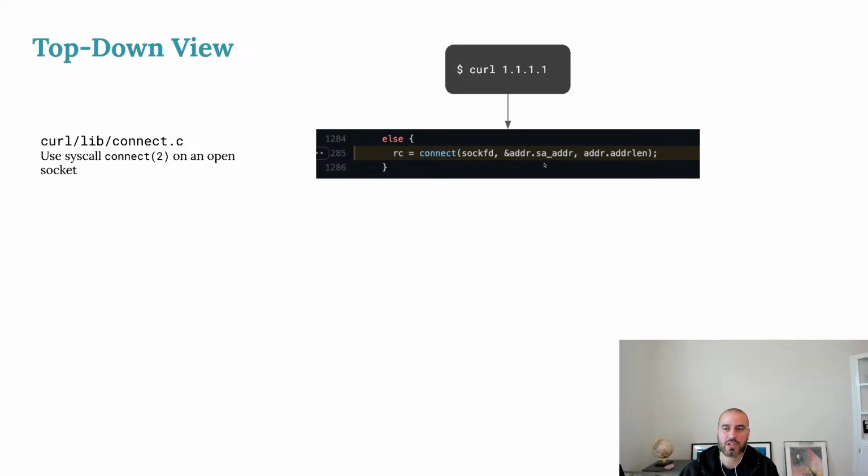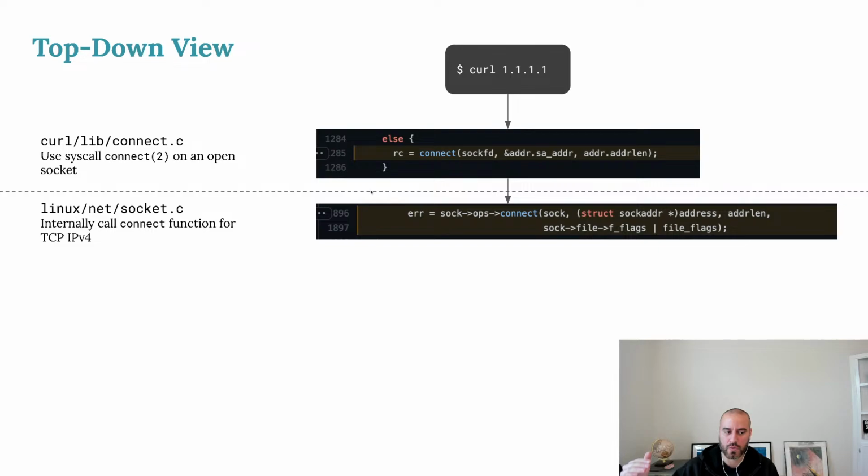From the user space, application level, that's it. It says, okay, I need to call connect, I want to establish a connection to this server. But then it starts going into the Linux network stack.